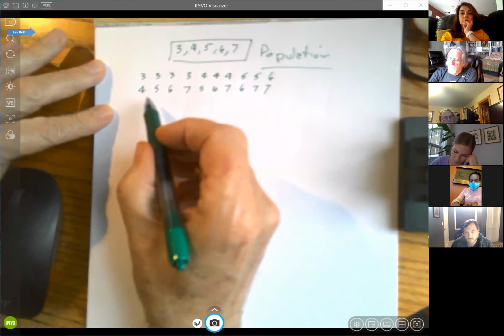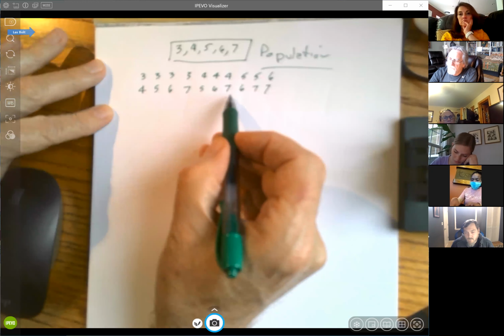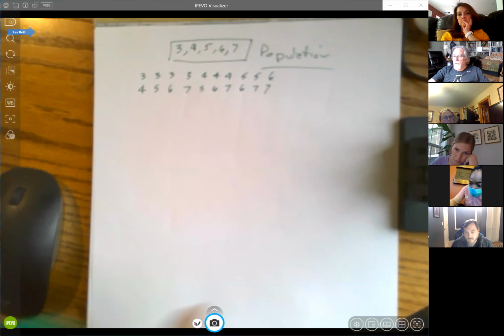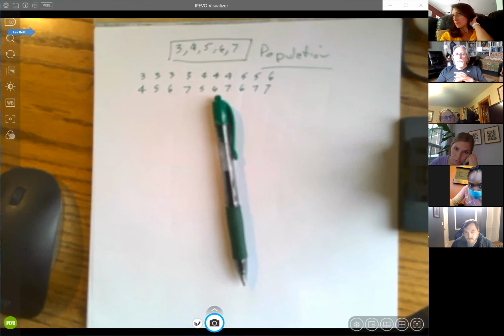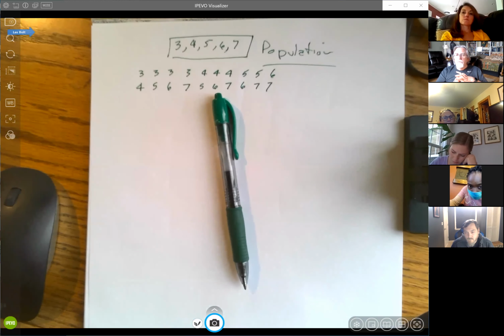Is that 10? 1, 2, 3, 4, 5, 6, 7, 8, 9, 10. Yep. There are no other possible samples of size 2. Those are all the unique possible samples.